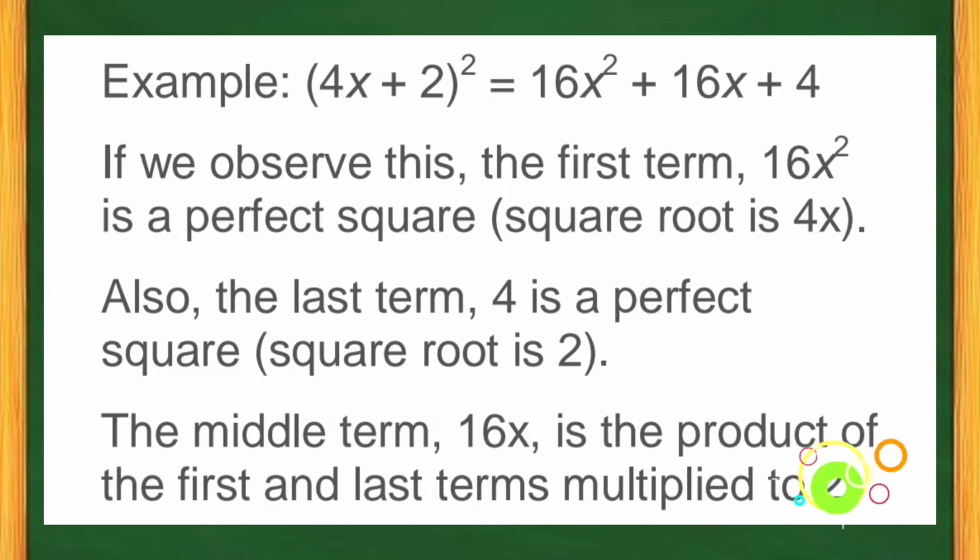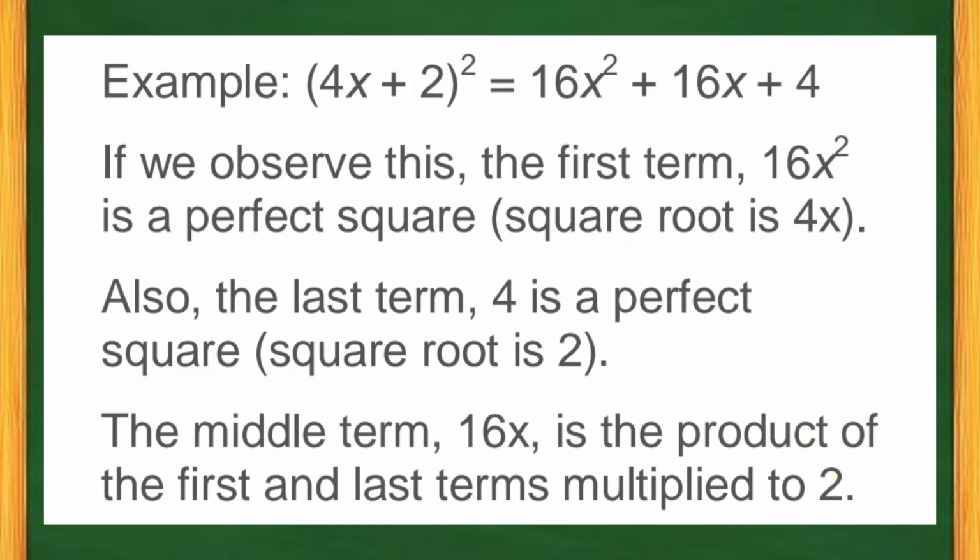Isang way pa para ma-check natin talaga kung perfect square trinomial yan ay yung first term niya at last term dapat perfect square. So pwede natin kunin ang square roots nila. Gaya nung 16x squared, ang square root niya ay 4x. Ang square root naman nung last term na 4 ay 2. Lastly is to check the middle term. Ang middle term natin ay 16x.